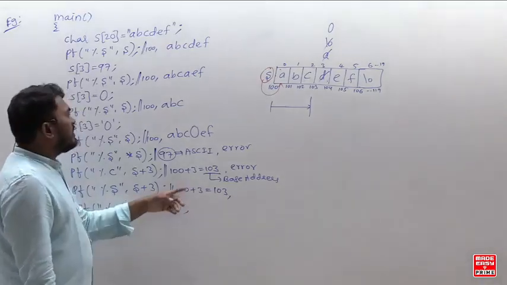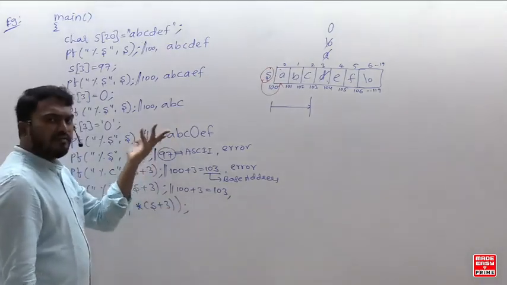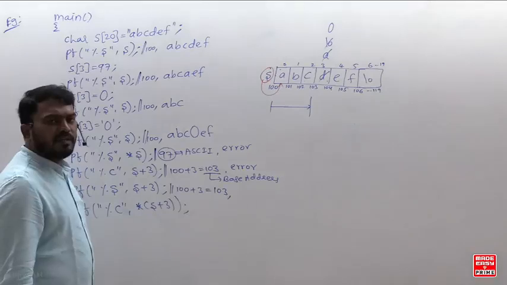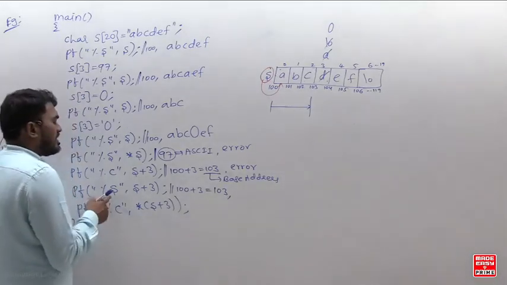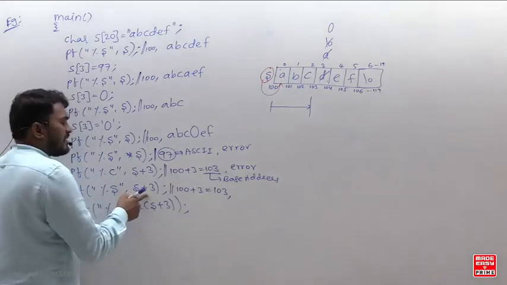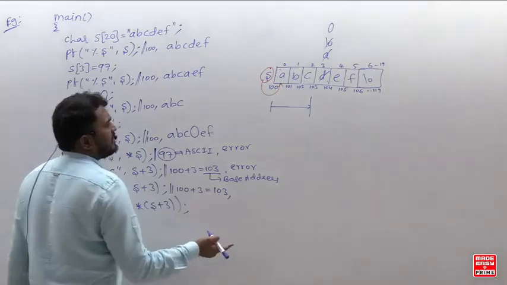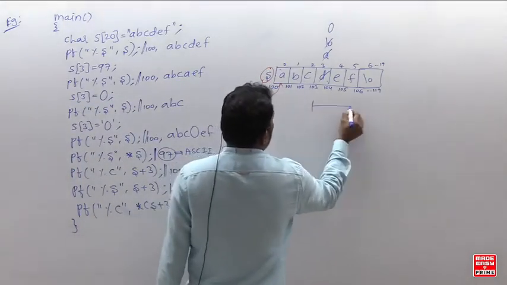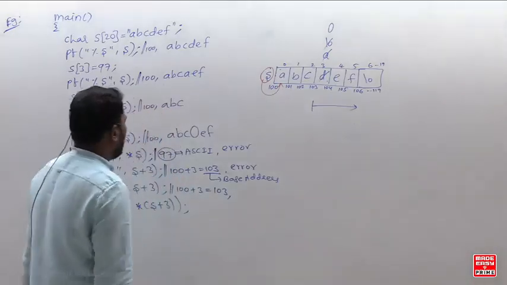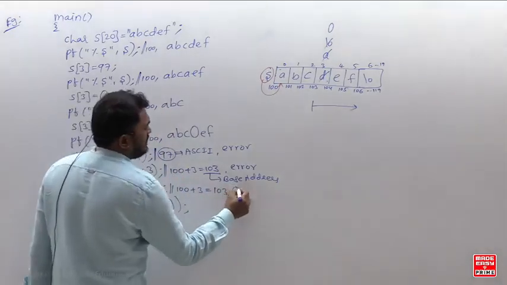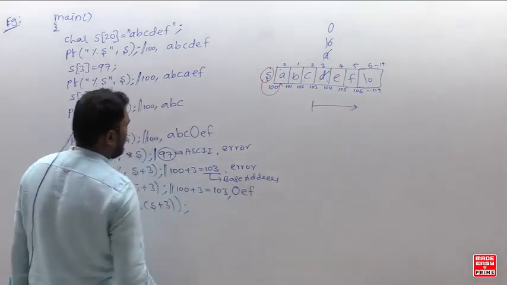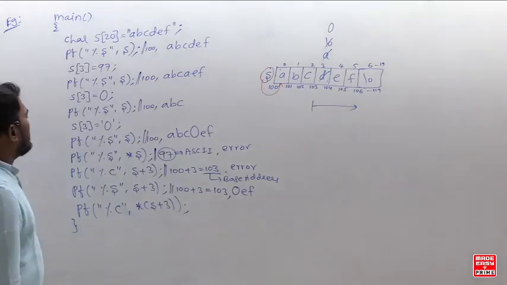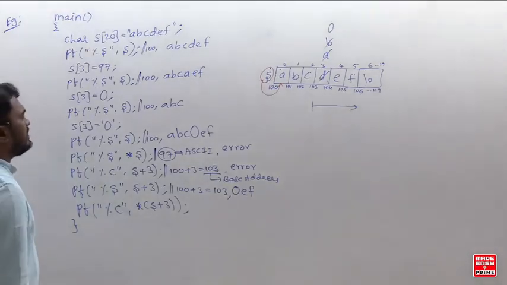Because every element is having how much size here? 1 byte. So that is the reason you are incrementing by 1 byte. 103. Percentage S is expecting a base address, and you are also giving the base address. So from the base address provided, 103, it will print all the characters until the null character. So what will it print? 0EF. Because 0 is there, S of 3 means 0, right?